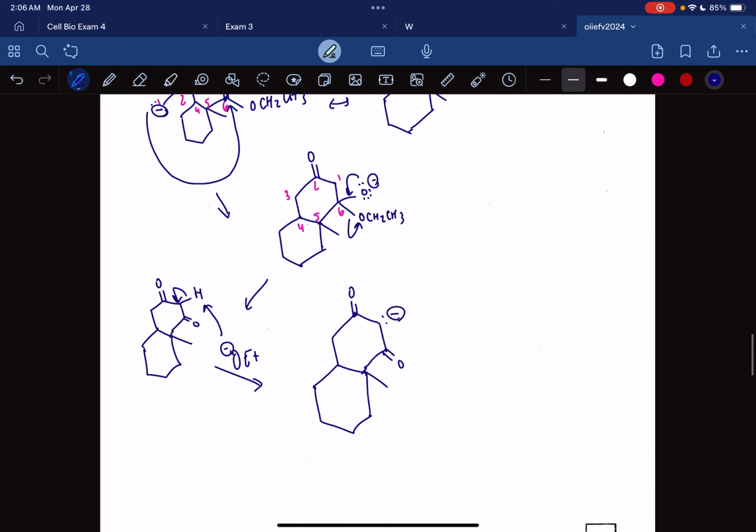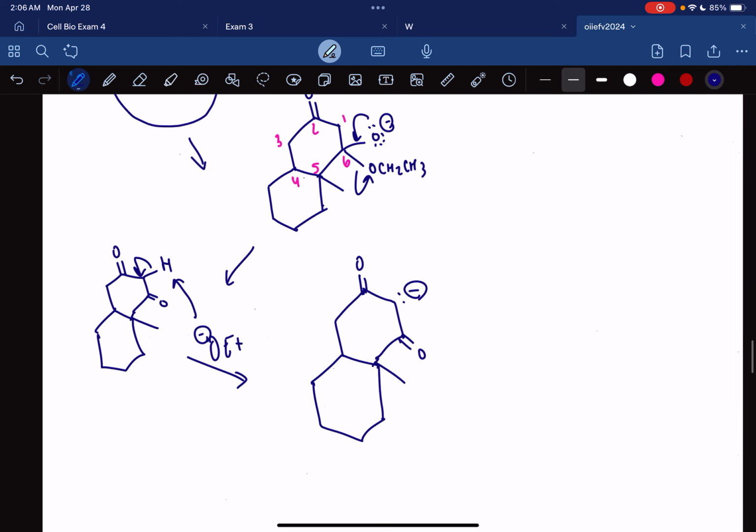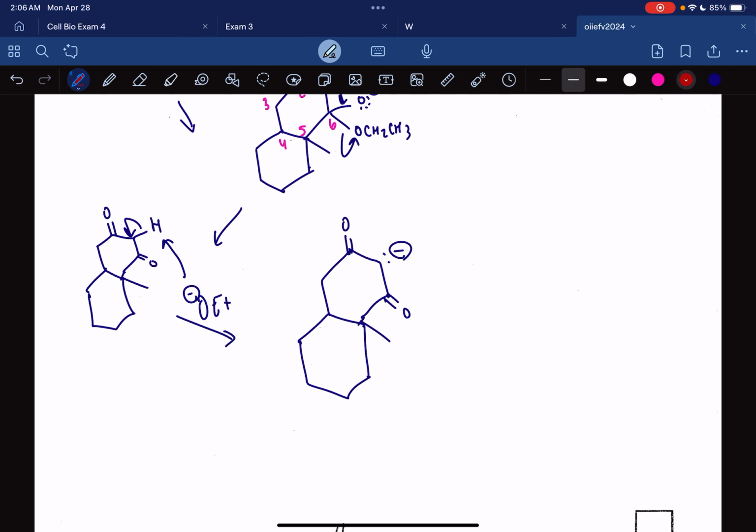So you have to show that deprotonation. Now, since you deprotonated this, there's going to be a resonance contributor. You can either kick the lone pair up here or down here. They're both fairly acceptable, so for the sake of example, let's kick this here and kick this up here.